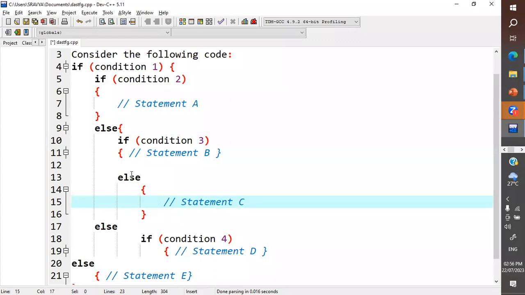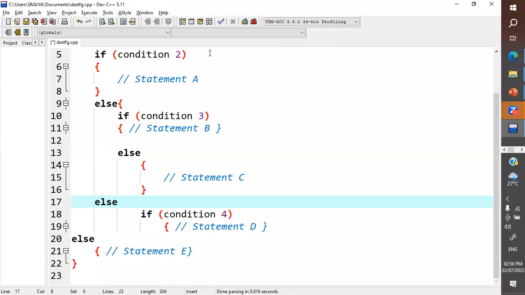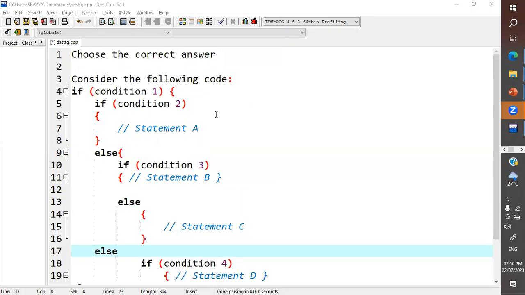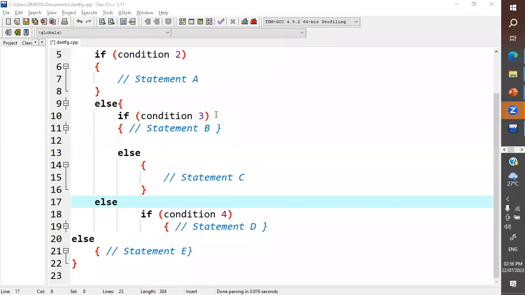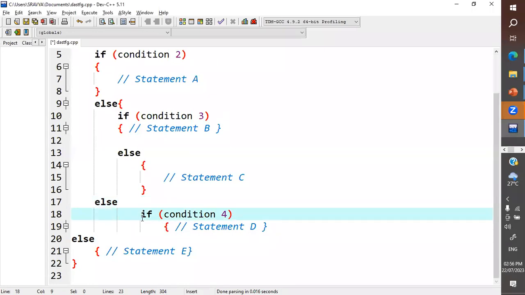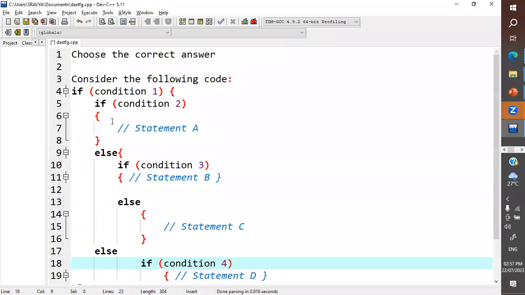Next. This else is for which if? Did I miss anything? One if is for the third else. I am just thinking of if condition one, if condition two.